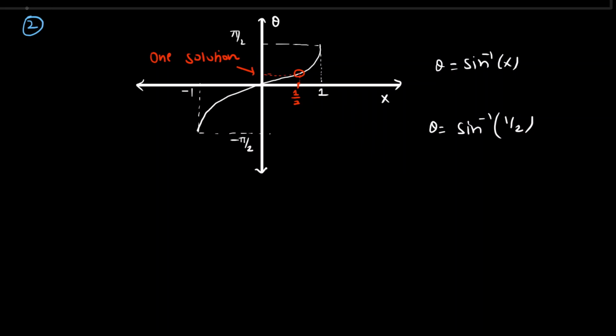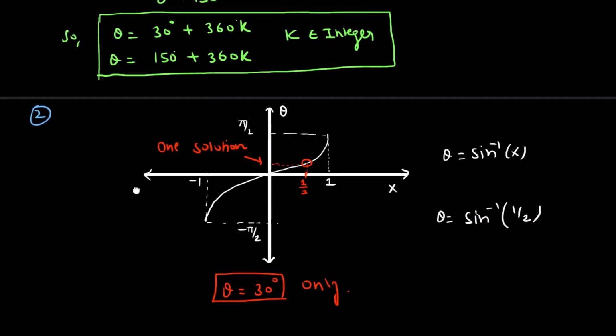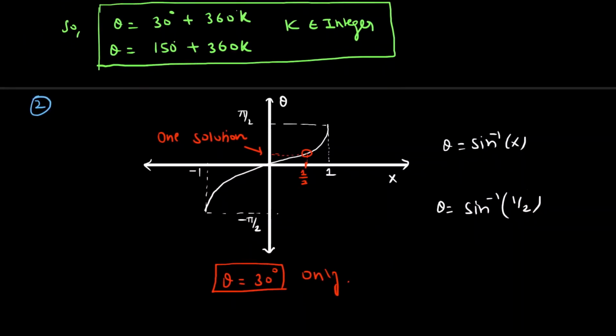So the inverse trigonometry converts everything into just a finite number of solutions, and we know that this is a positive number, and we know that sine is 1 over 2 at 30 degrees, of course, so we'll say that the solution from here is 30 degrees only, in contrast to the solution we get on the first part, which was written in trigonometric form.